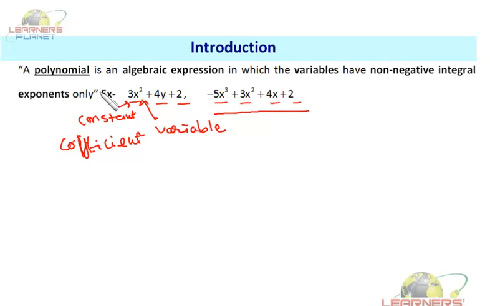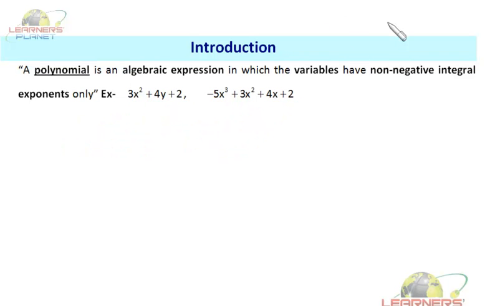What's a polynomial? A polynomial is an algebraic expression in which the variables have non-negative integral exponents. Here we see the example of a polynomial, that is 3x square plus 4y plus 2. Here the variable is carrying a positive power, isn't it? x is carrying square.